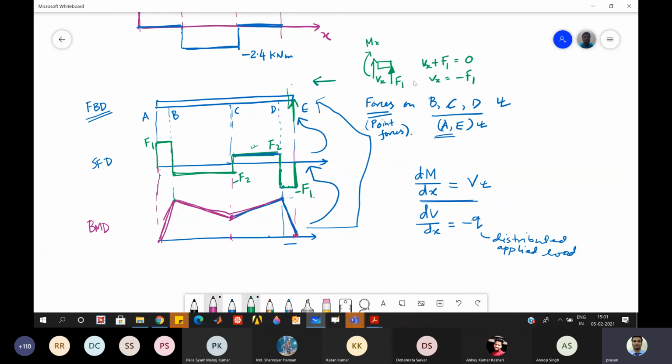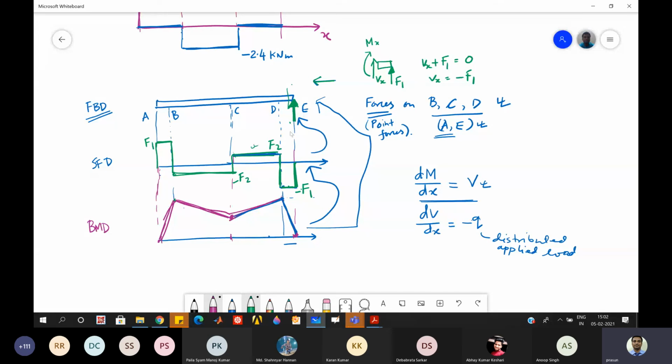So if I move from this side, a negative shear force means an upward applied force. But this will be different when you look from the other side. We'll come back to the approach from left to right after finishing this one.